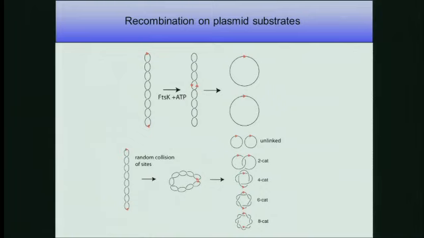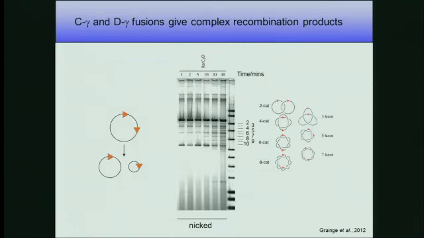So Sean already introduced the idea that with other recombinases, what you can do is just bring sites together randomly, and what you should generate is a whole slew of different catenated products. And the products depend on exactly how many of these crossings you trap when you bring the two sites together. So, what happens now if we try our hyperactive mutants on these substrates? So they don't require FtsK anymore.